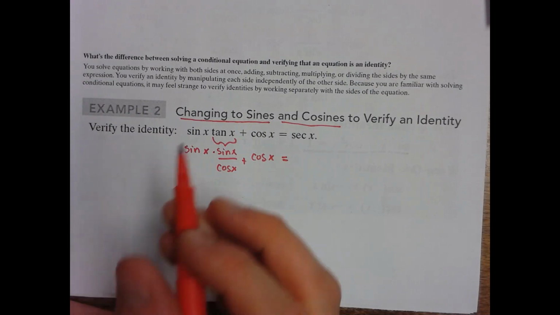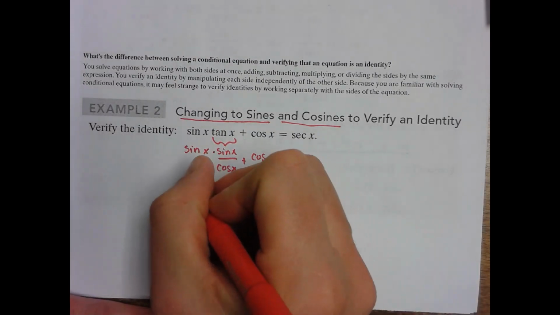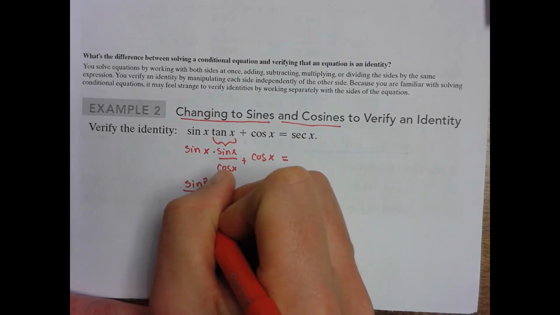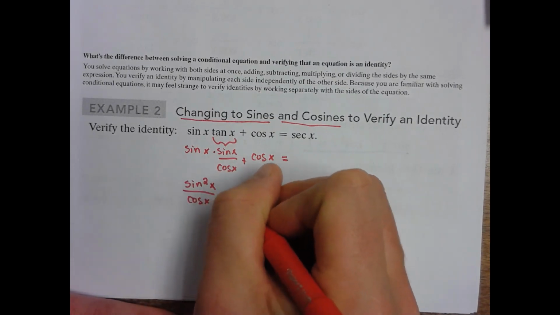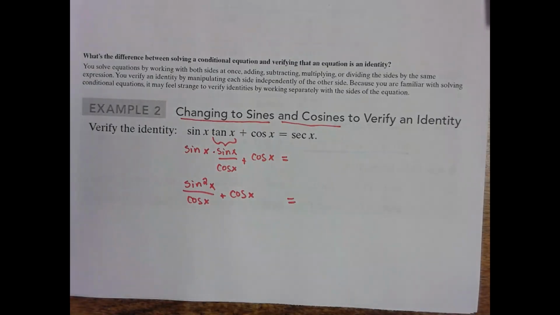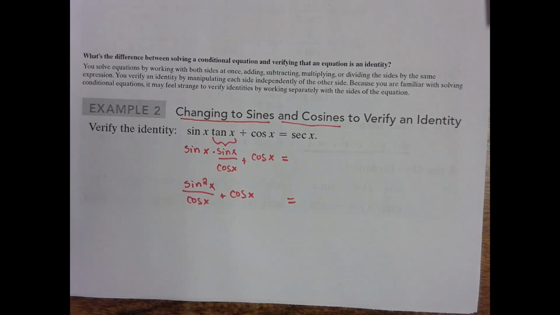Well, I can do this multiplying of the fractions. That's sine of x times another sine of x, which is sine squared of x over cosine of x. And we're still adding cosine of x and trying to get it to equal secant of x. Even right now, it feels like we're kind of far away. One thing that I don't really like about this is the fraction. So I'm wondering, is there a way that I can maybe combine these two terms and get it to be one single expression?